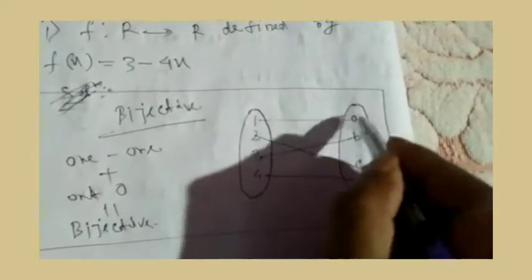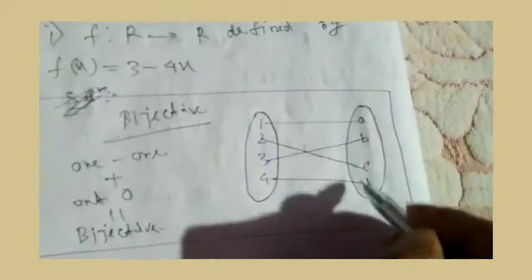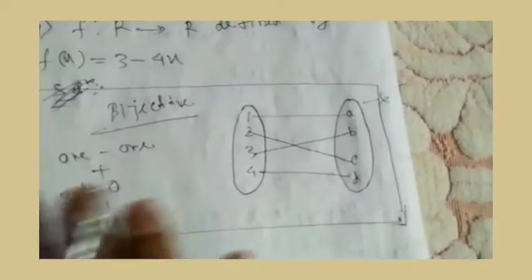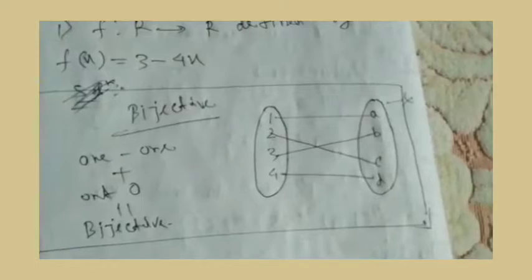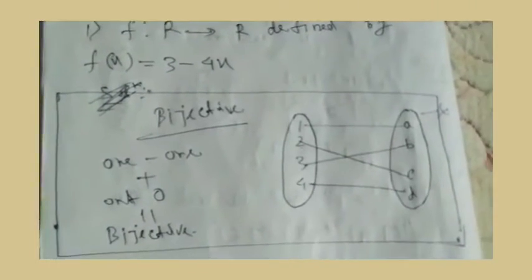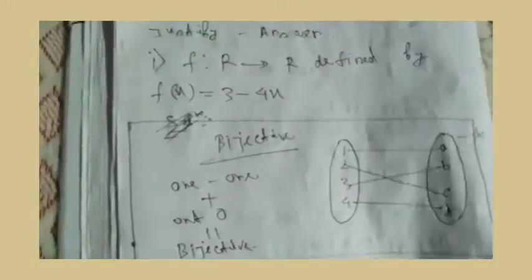If a function is both one-one and onto, then we call it a bijective function. That's why I have written one-one plus onto equals bijective. Now you are familiar with bijective functions.